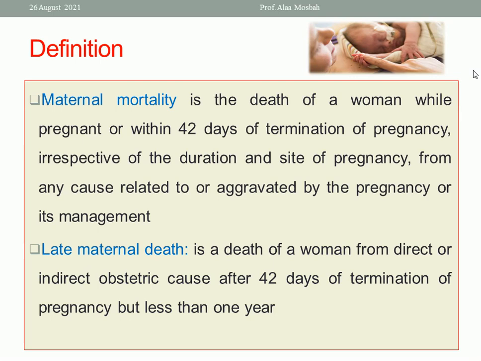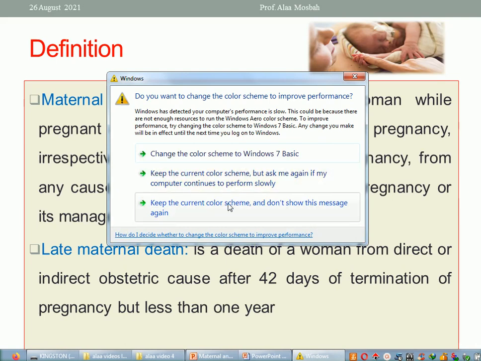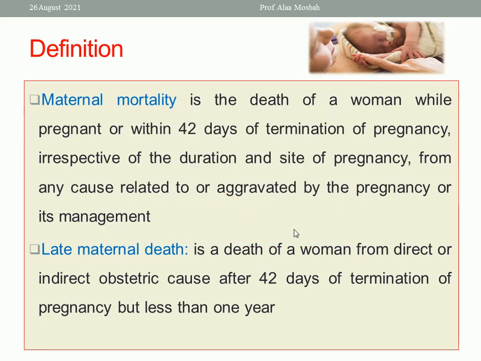Let us start to understand the definition. This is the maternal mortality, the death of a pregnant lady during pregnancy or after delivery within 42 days, the period of puerperium.